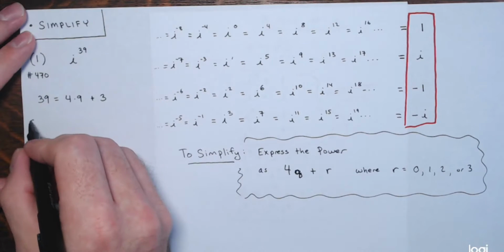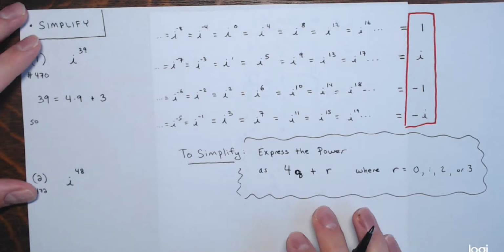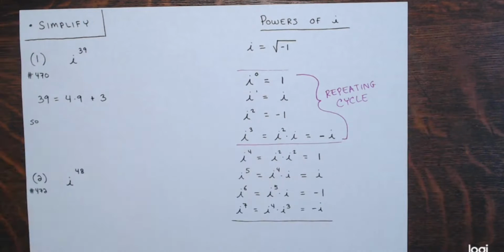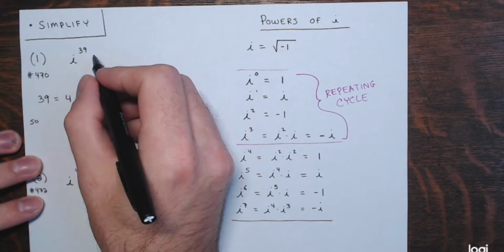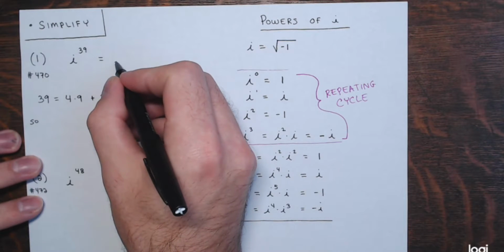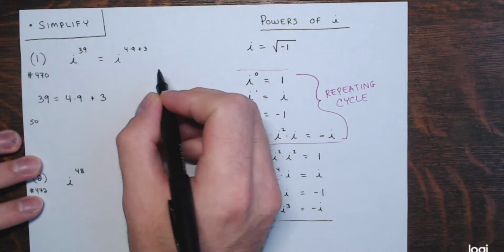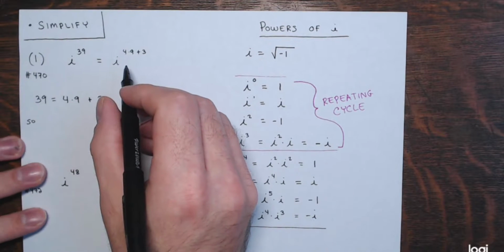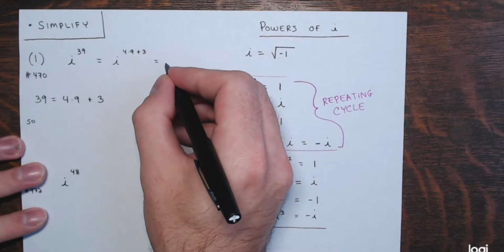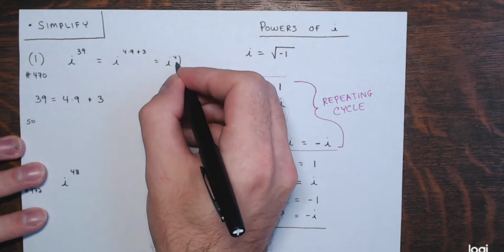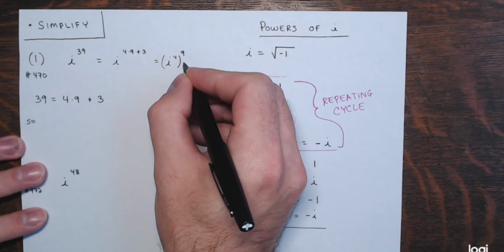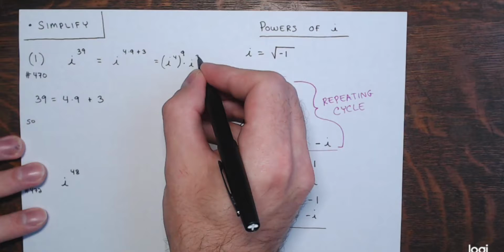Right, and now the long way of doing this would be, i to the 39th is i to the 4 times 9 plus 3 power. And then you apply some properties of exponents to show that this is i to the 4th to the 9th multiplied by i cubed, right?